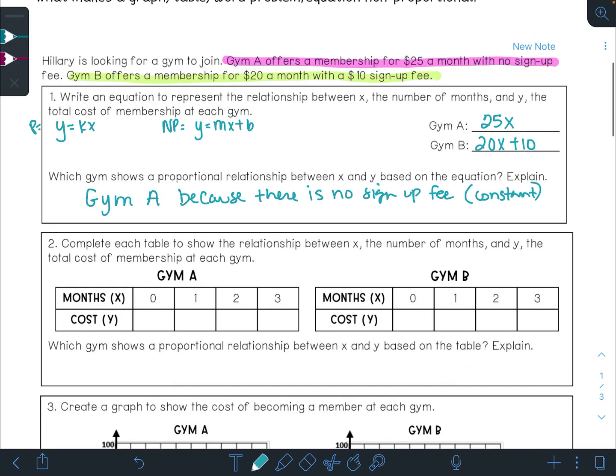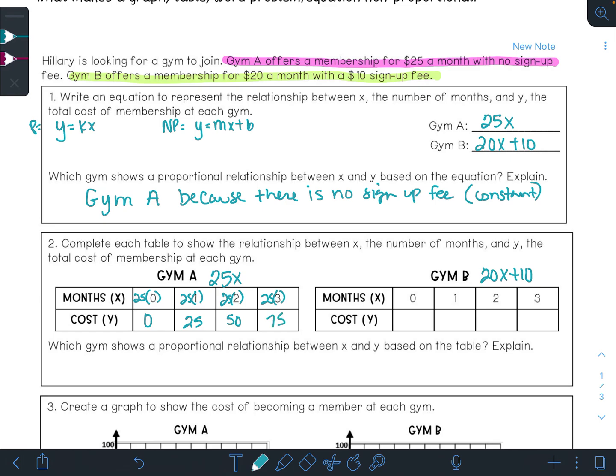So if we go to make a table with those two situations, we know Gym A is 25x and Gym B is 20x plus 10. If I do 25 times 0, substituting that 0 in, it gives me 0. 25 times 1 would be 25, 25 times 2 would be 50, and so on.